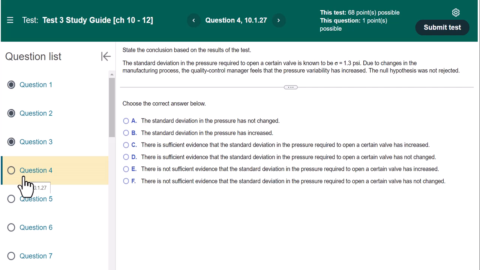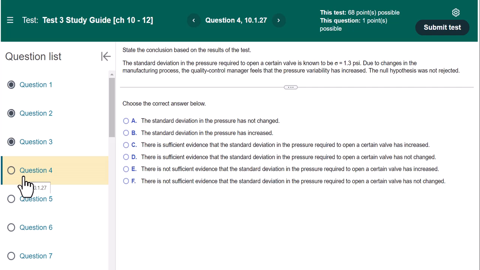Okay, now we're going to go to the next question, 4. The standard deviation in the pressure required to open a certain valve is known to be sigma equal 1.3 psi. Due to changes in the manufacturing process, the quality control manager feels that the pressure variety has increased, and the null hypothesis was not rejected. So if you don't reject the null hypothesis, then you don't support the alternative hypothesis.